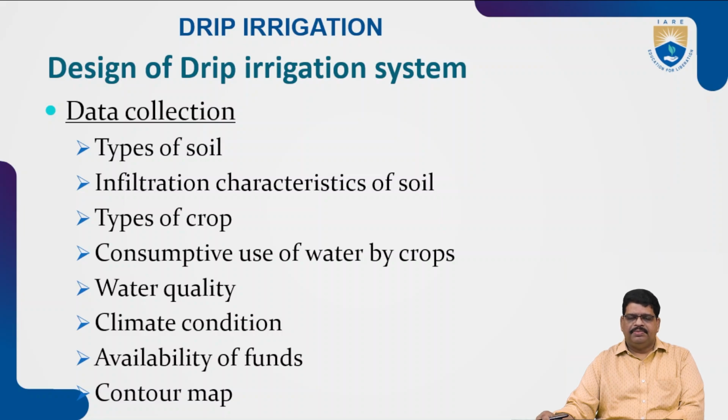The design considers the type of soil and infiltration characteristics of the soil, the type of crops, consumptive use of water by crops, water quality, climatic conditions, availability of funds, and control of the system.